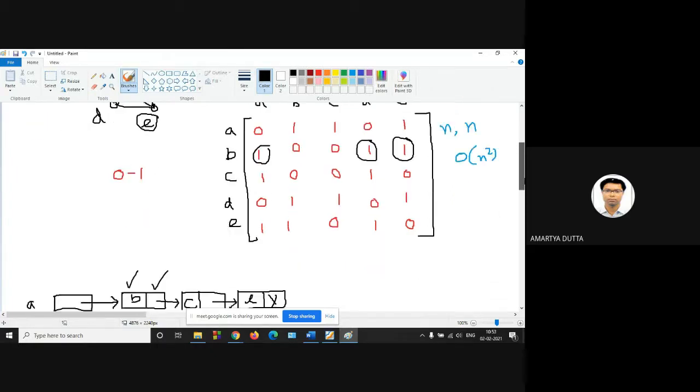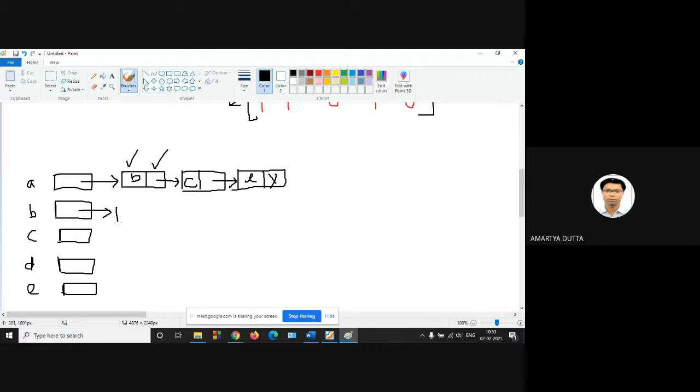So you can write A, D, E. In this way, you can construct all the entries. Any confusion regarding the adjacency matrix representation and adjacency list representation of a given graph? Please clarify.